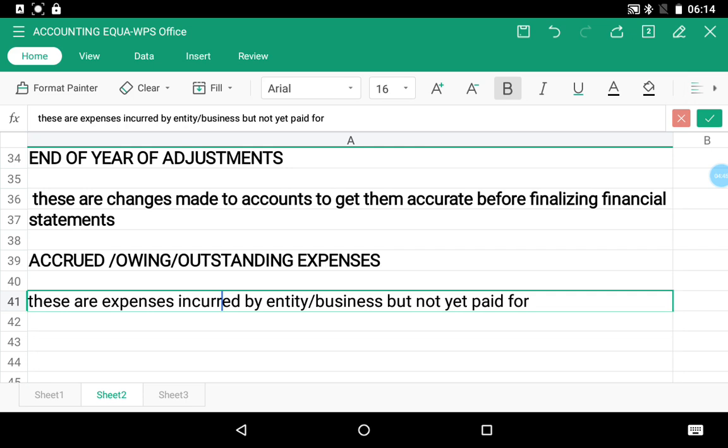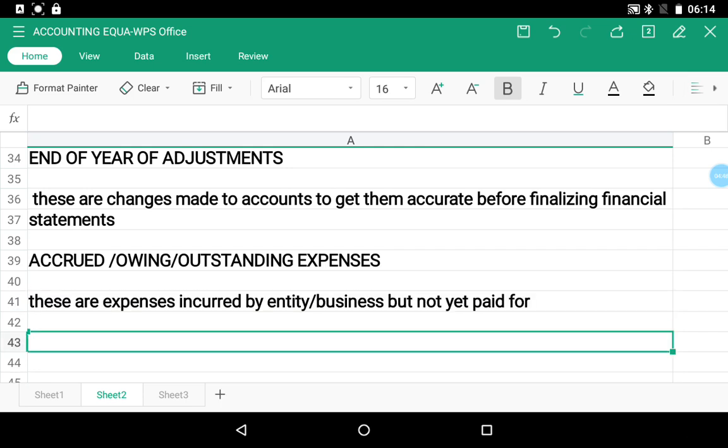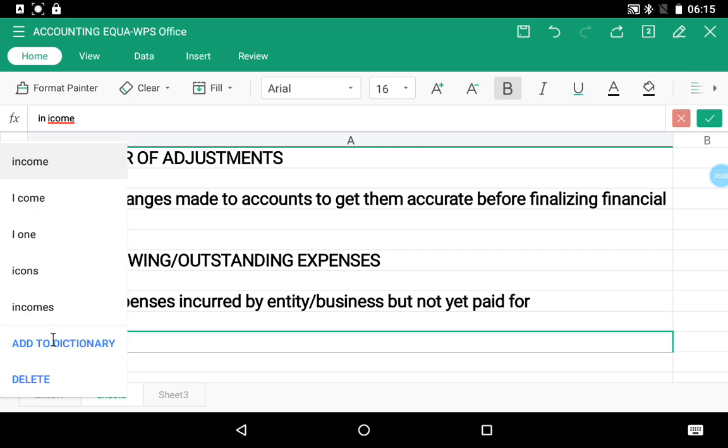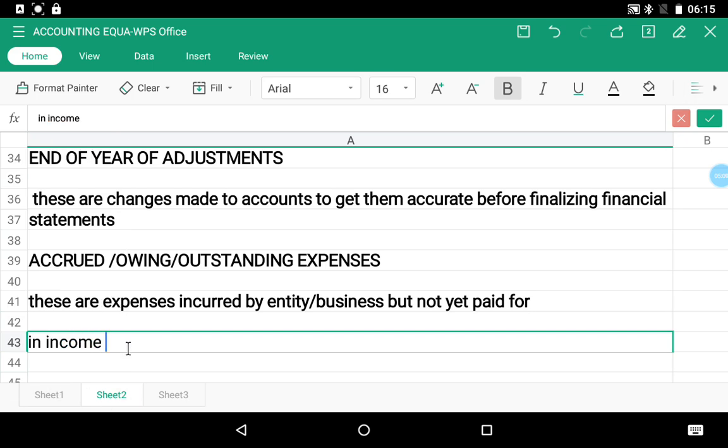So these accrued expenses, in the income statement, will increase the value of the expense.